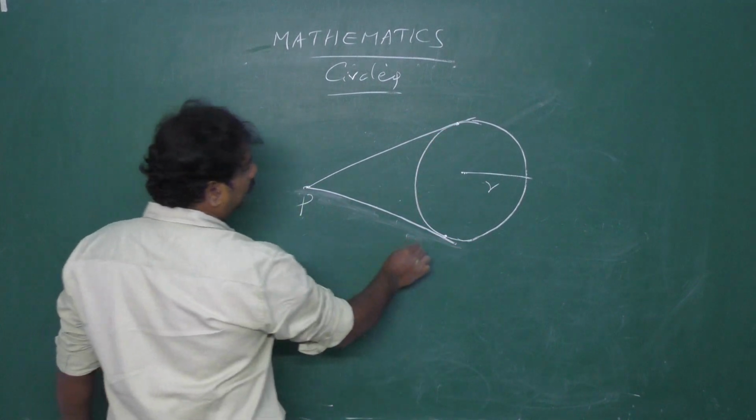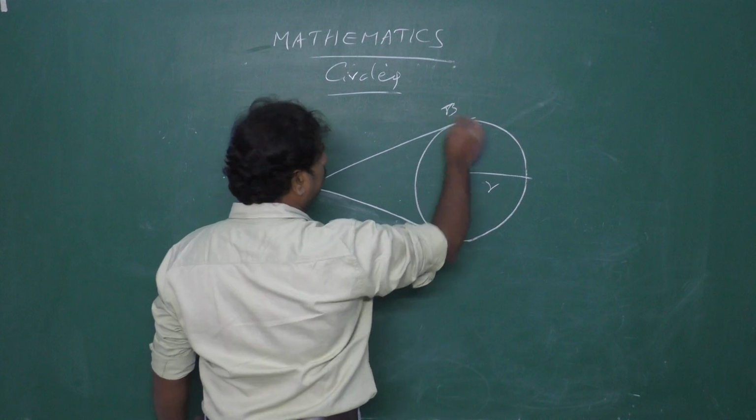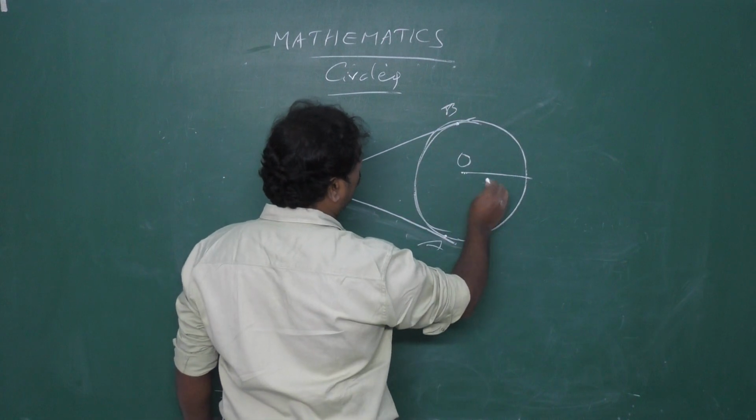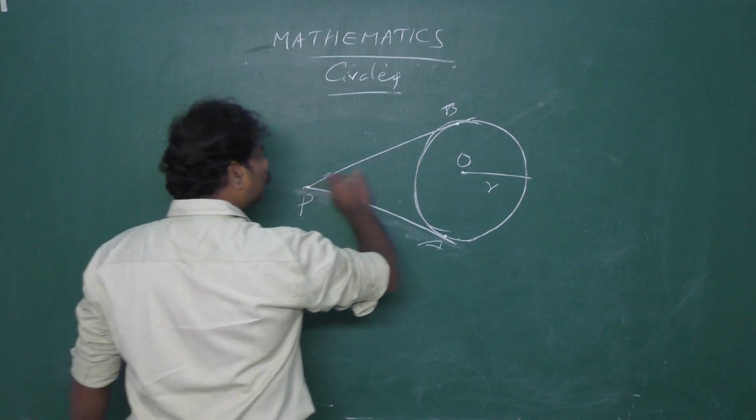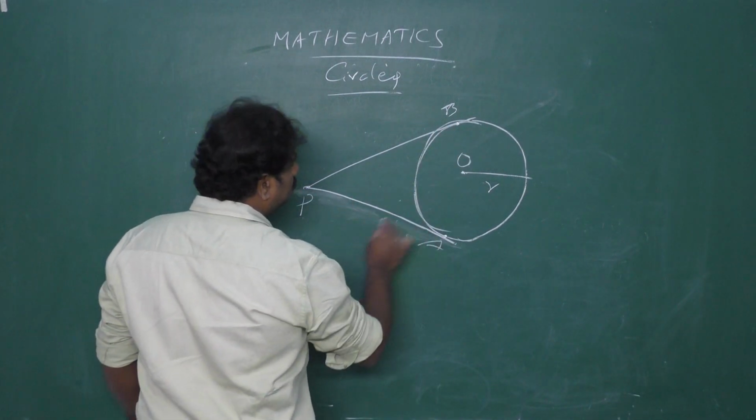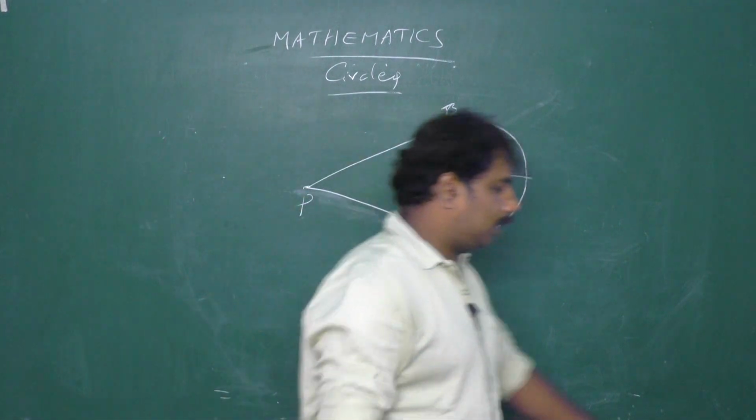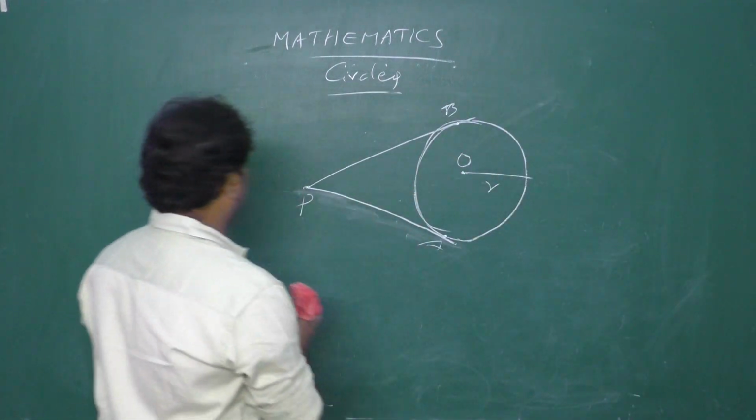Suppose this PA is one tangent and PB is another tangent, and this is the circle with radius r and center O. And the theorem is these two lengths of the tangents are equal.